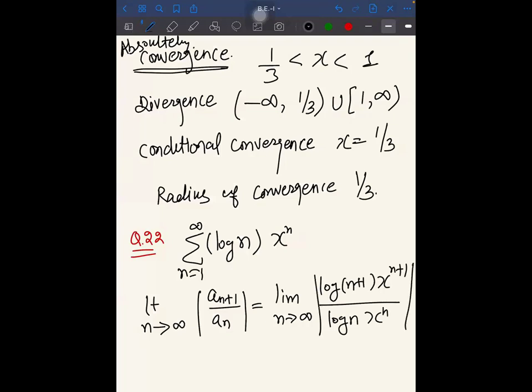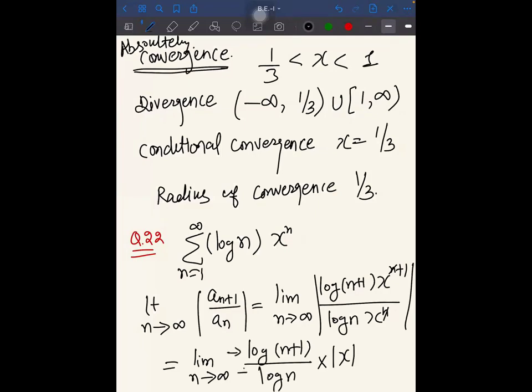Can I write it in this way? कट जाएगा x raised to power n. So this becomes limit n tends to infinity of log(n plus 1) upon log n into mod x.